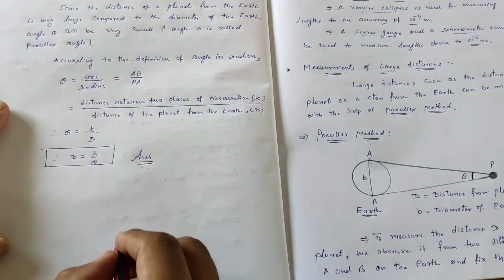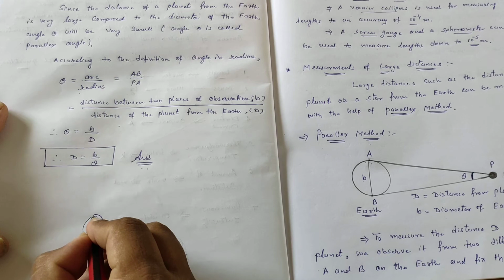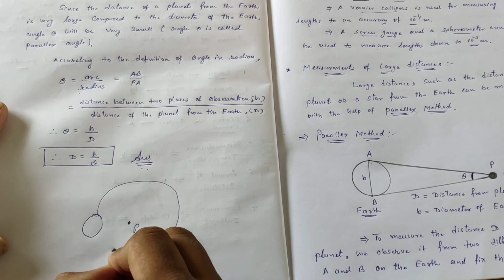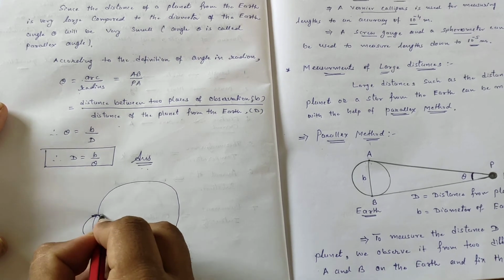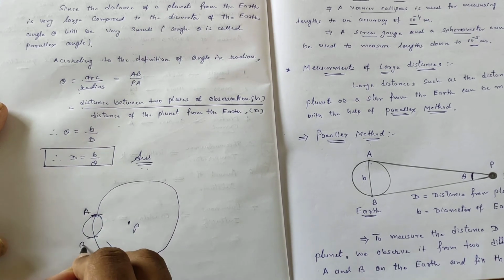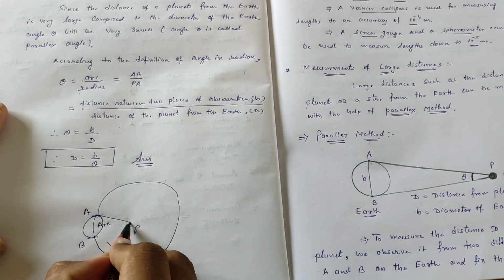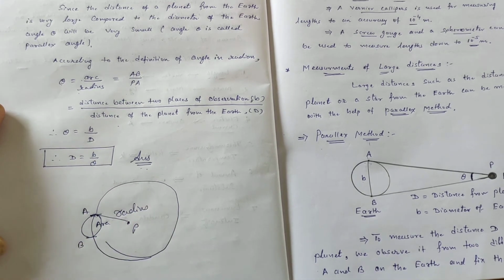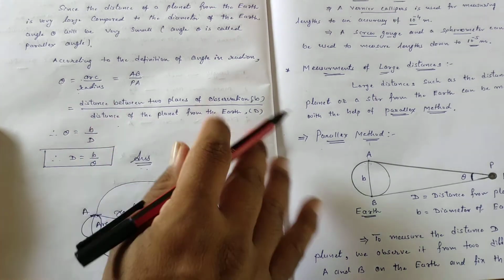So over here I would like to narrate that the point-like object is over here, Earth is over here, and it is revolving around the Sun like this. In that case, AB acts as the arc, and this position is known as the radius. So we put those values over here.